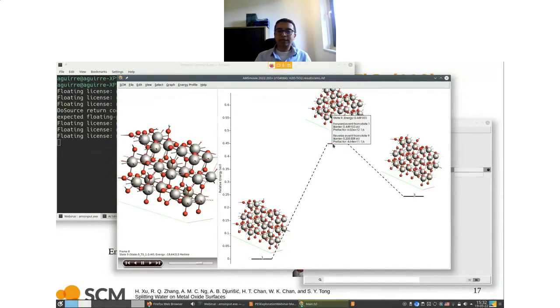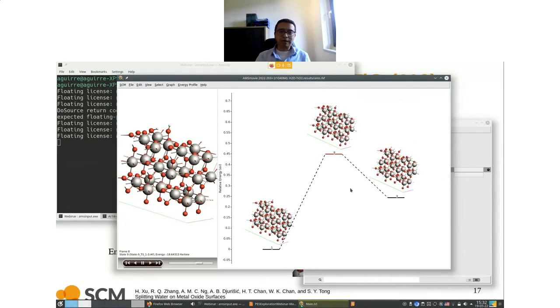And also you can see that the prefactors are calculated there. So the prefactor going to the right-hand side is 10^12, and in the opposite direction is 10^11. And all these properties are what we normally want to explore from all the energy landscapes.